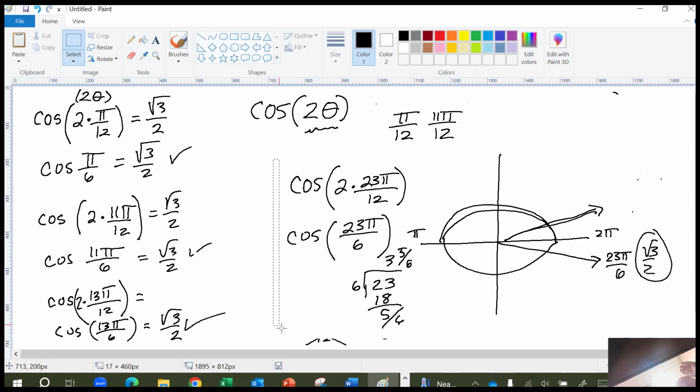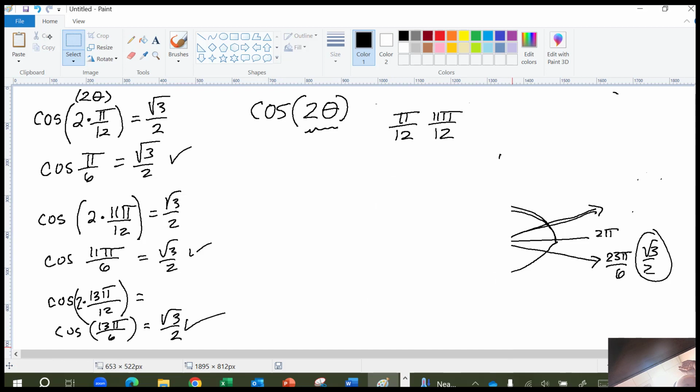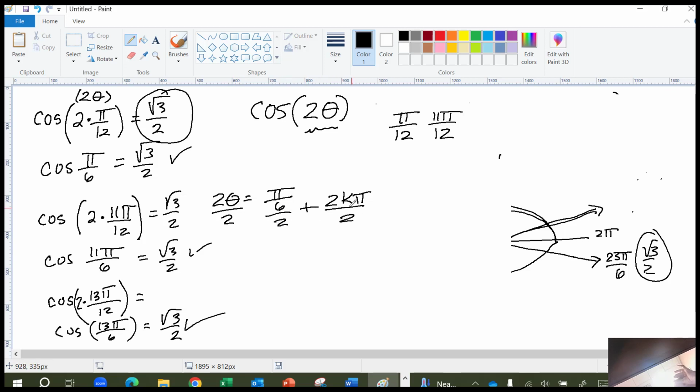Find the reference angles, the ones where you know that the cosine, or sine or whatever, is this, okay? And then add 2k pi. But if it's twice theta here, you got to divide everybody by 2, even the period. And that's the key here. And you just have to go around adding that, and then you have to check to see if it's within your given interval that they gave us, which was between 0 and 2 pi.